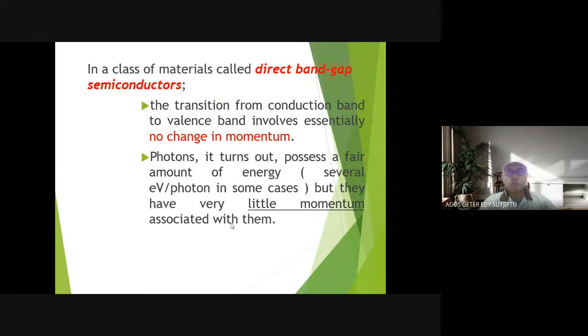Different from the indirect band gap, the direct band gap semiconductor is also possible to emit. This is one of the characteristics. Then we can choose what kind of light we want in LED for display applications like television and other flat displays, or handphone.